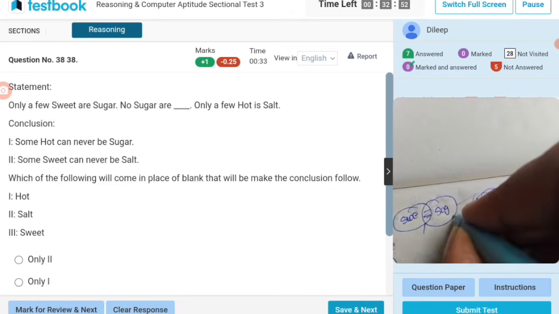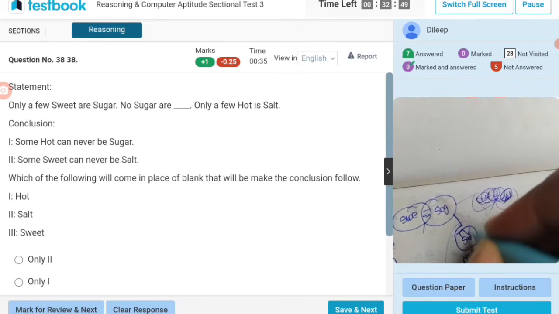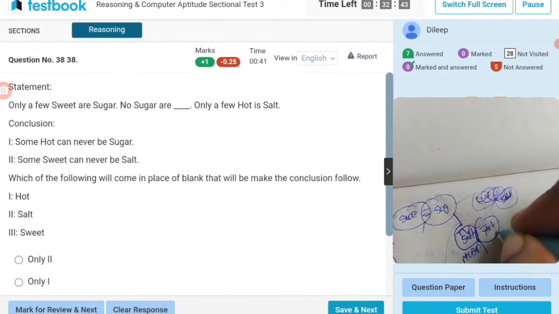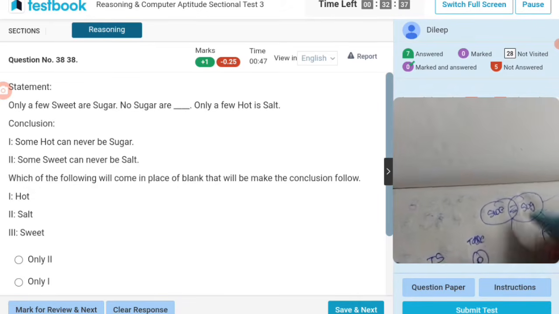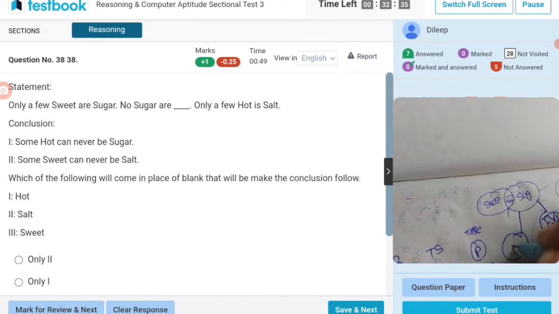No sugar or salt. Only few hot or salt. Some hot can never be sugar. No sugar or only few sweet is sugar. No sugar or sweet.